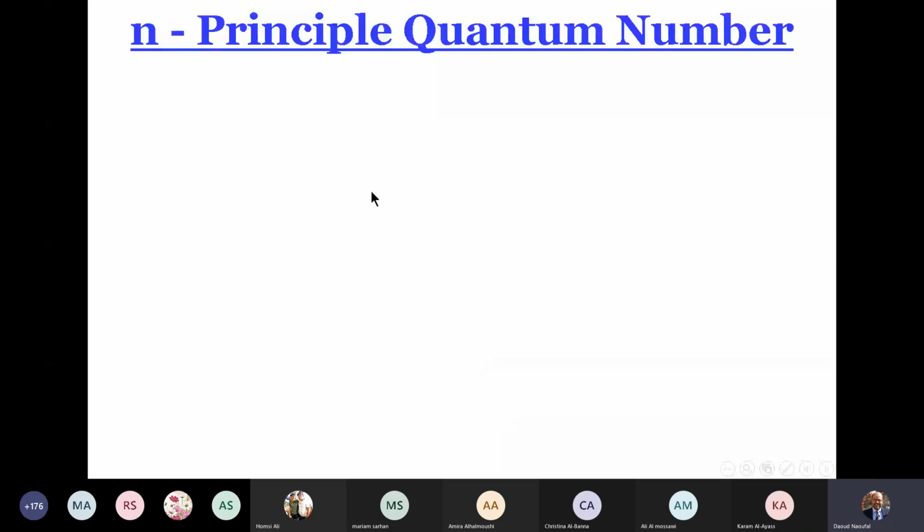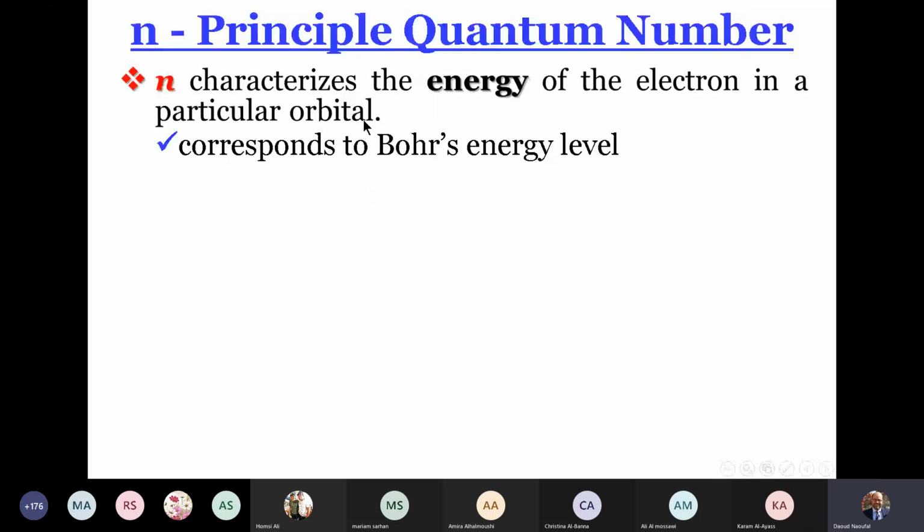So what is N? N is the principal quantum number. N characterizes the energy of the electron in a particular orbit. It looks like N in Bohr theory.